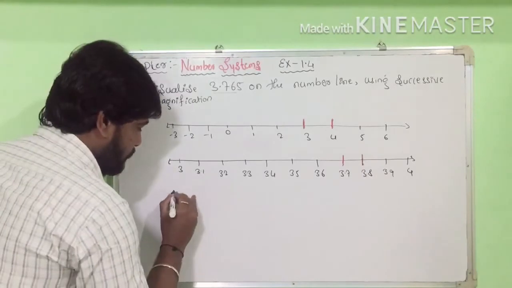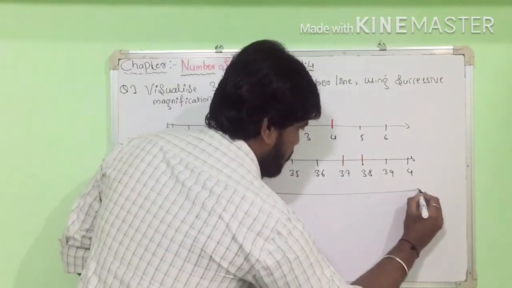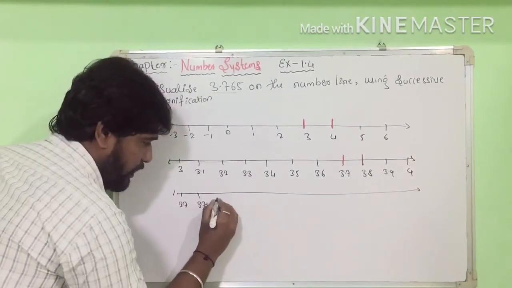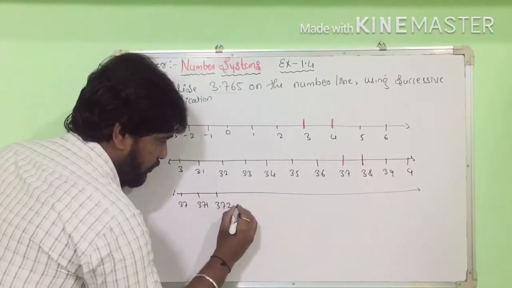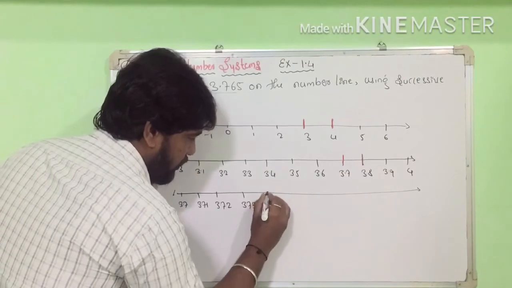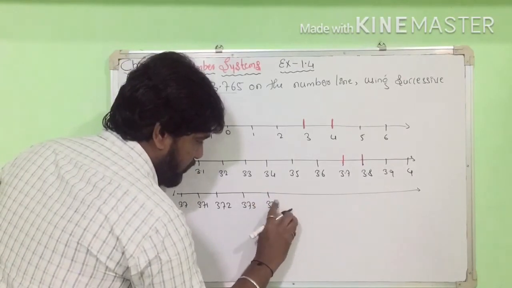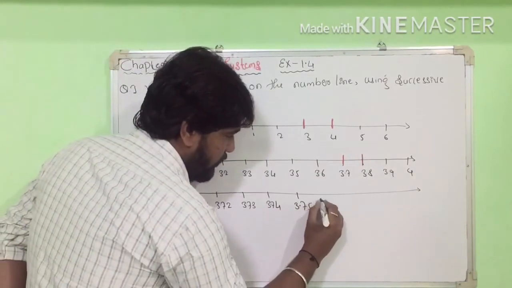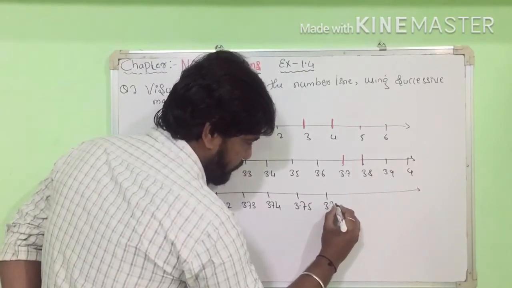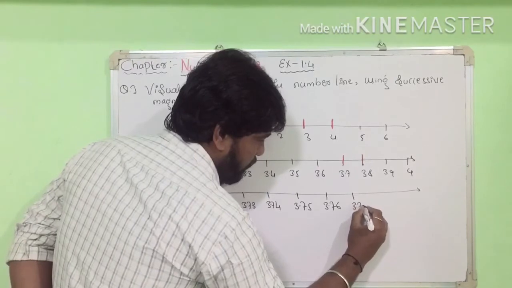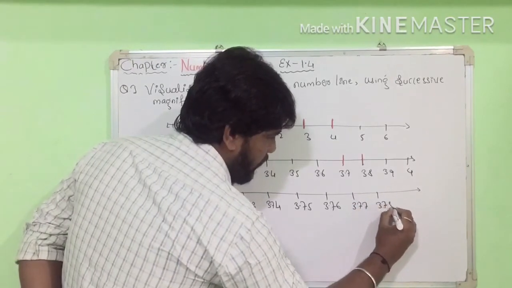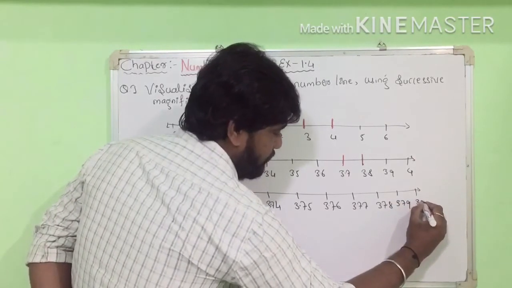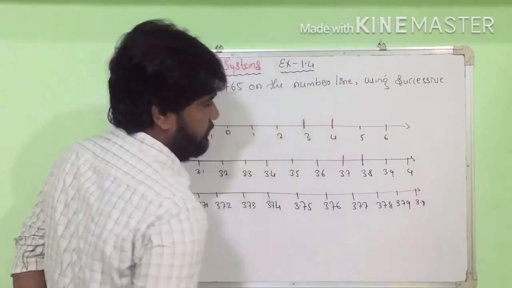So I will make here the number line: 3.7, 3.71, 3.72, 3.73, 3.74, 3.75, 3.76, 3.77, 3.78, 3.79, 3.8, right?